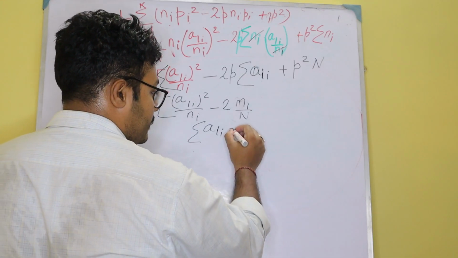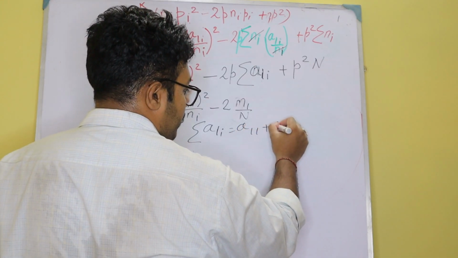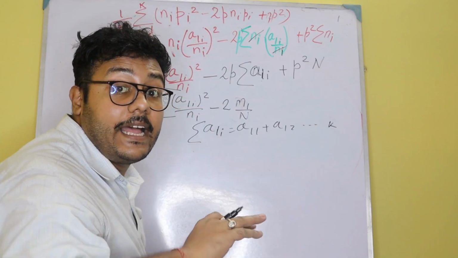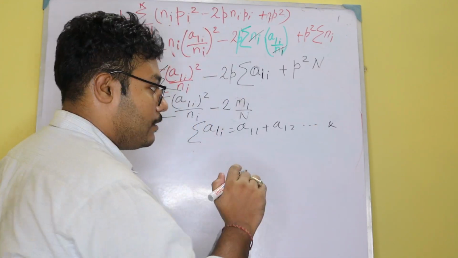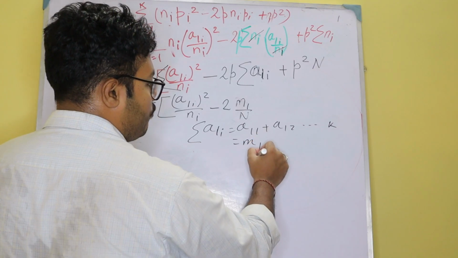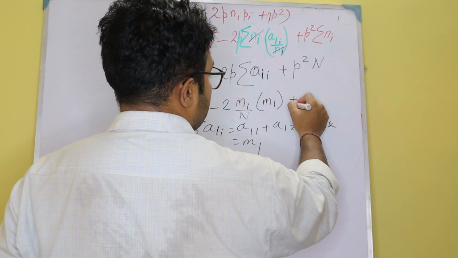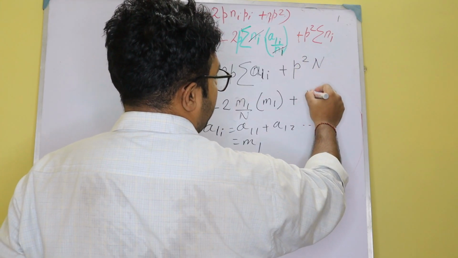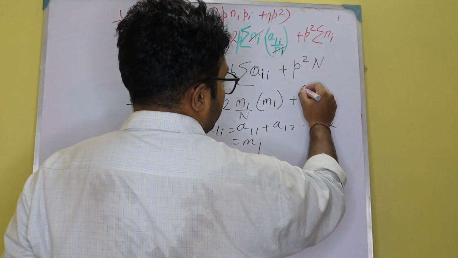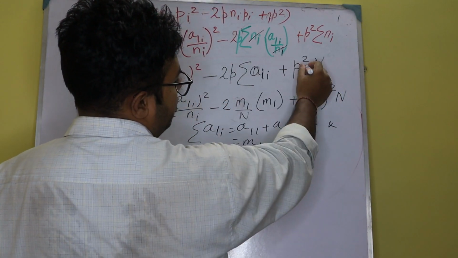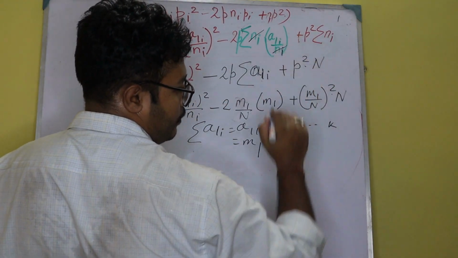It means summation of a11 plus a12 up till k. So it is the sum of the first row. That means it will also be equal to m1. So I am writing here m1 plus, what is p? P means m1 by n whole square.